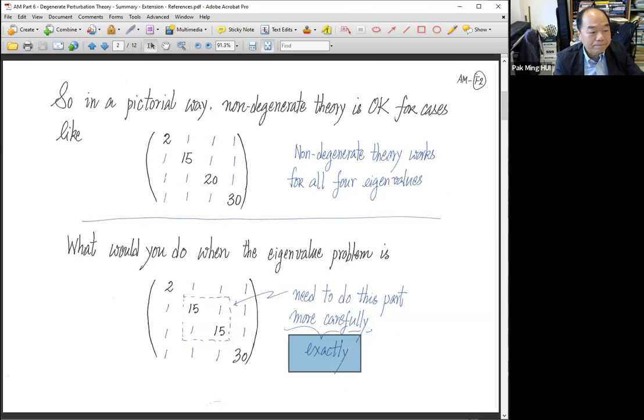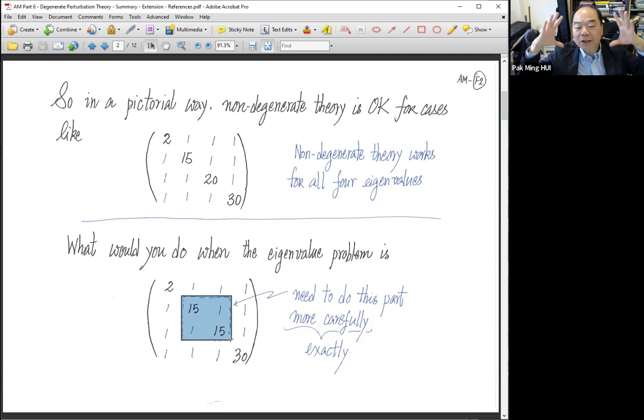Exactly. What do I mean by that? Now, this is just a 2 by 2. Of course, you can diagonalize it or find the eigenvalue. It means you do this 2 by 2 exactly first, and then consider the remaining part of the 4 by 4 matrix approximately.